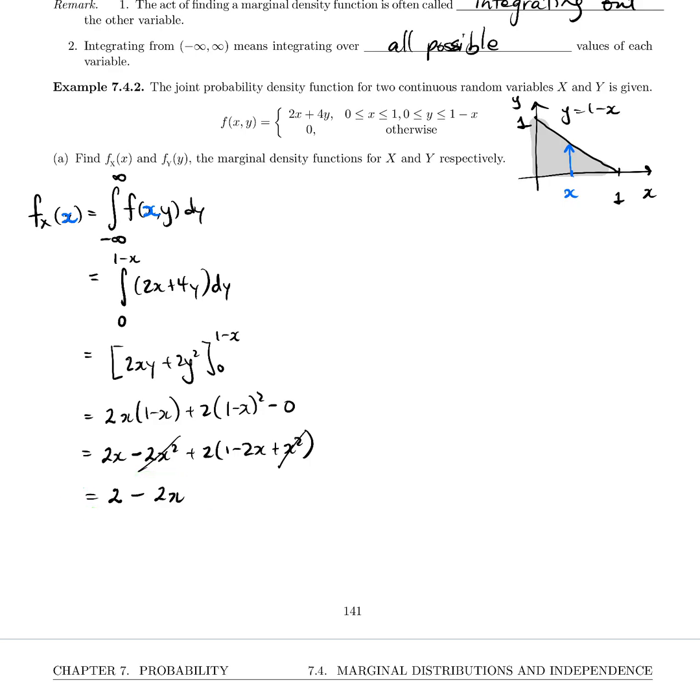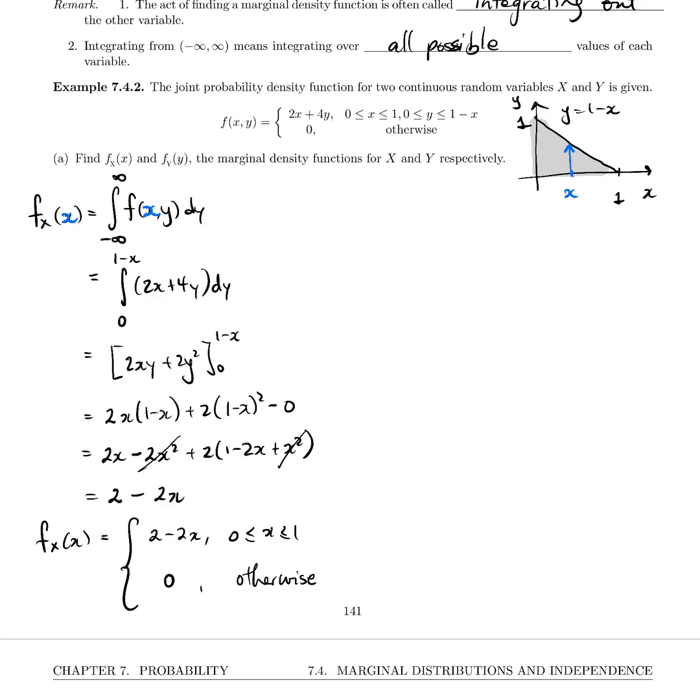To give a full and complete answer, we need to write the full density function with the support and where the density is 0. So f_X(x) is 2 minus 2x, valid on 0 less than or equal to x less than or equal to 1, and the density is 0 otherwise. So there is our full answer for the marginal density of x.